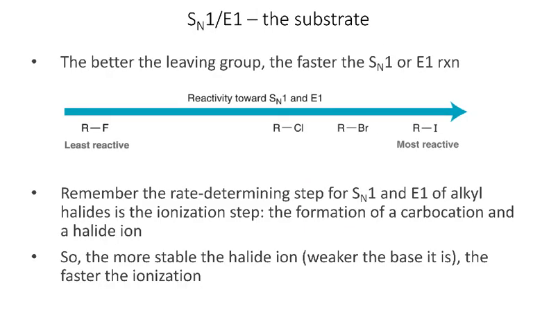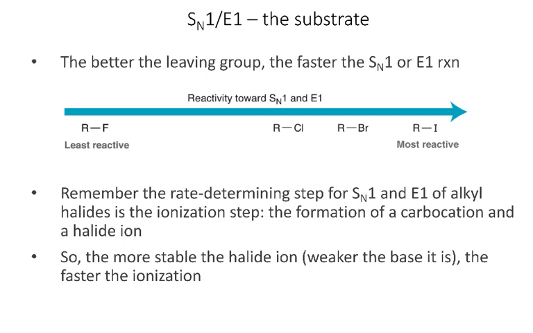All right, now the substrate can also affect the rate of SN1 and E1 reactions. And so we've shown the relative rates of the different halides. As we go fluorine, chlorine, bromine, and iodine, they get more reactive. The way we can rationalize this is, when these react through SN1 and E1 reactions, we're popping off these leaving groups, and so the more stable the leaving group is, the faster the reaction is going to be, right?